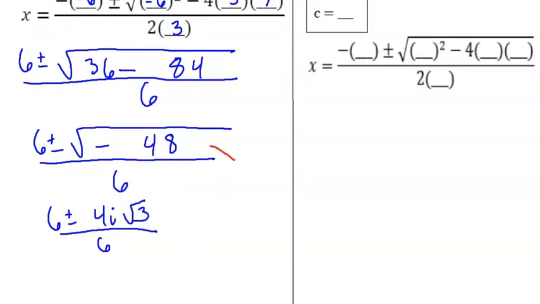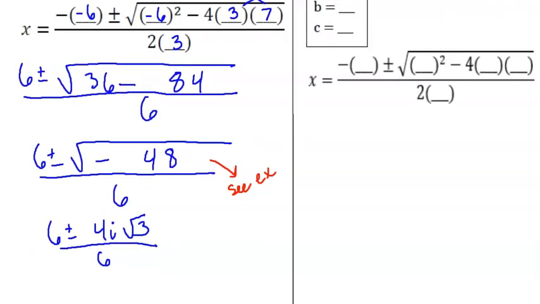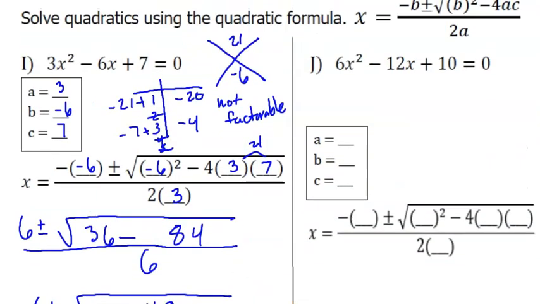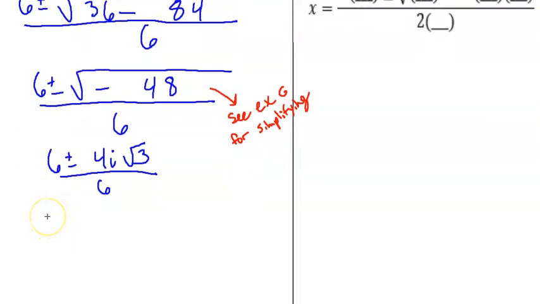Let's make a note of this. So then we can factor out a 2 since both terms at the top are even numbers.